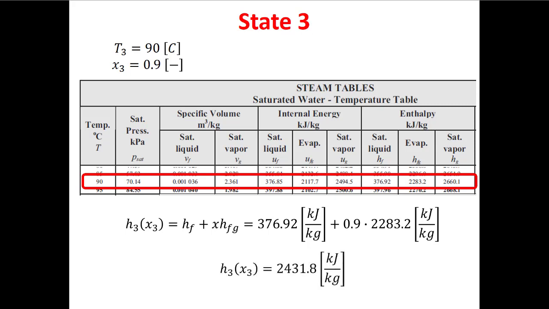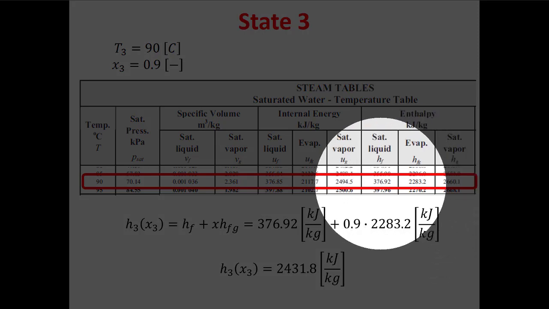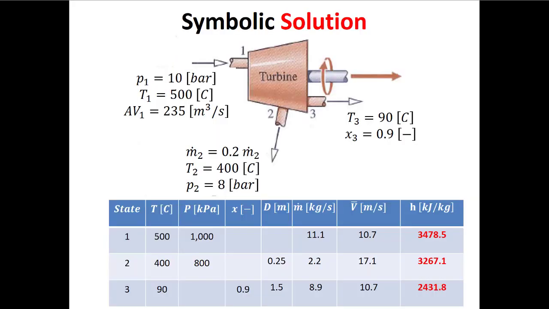So here I get that the specific enthalpy here is 2,431.8 kilojoules per kilogram. I look at that, I feel like it makes sense because it's much closer to 2660 than to 377. So this seems to make sense, and the units are right, so that's good. I didn't mess up the units.